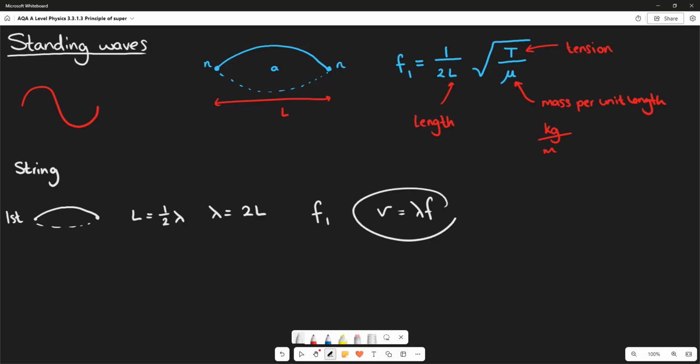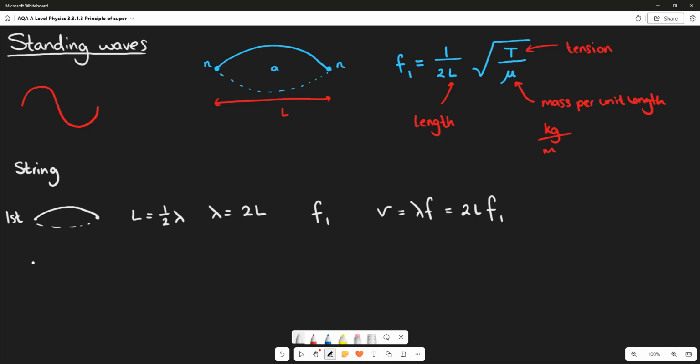So we're going to substitute in 2L for the wavelength, and the first harmonic, F1, for the frequency. And this is our value for velocity that we're going to use in subsequent loops.